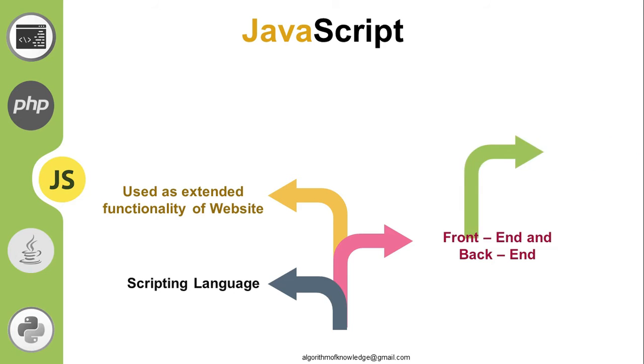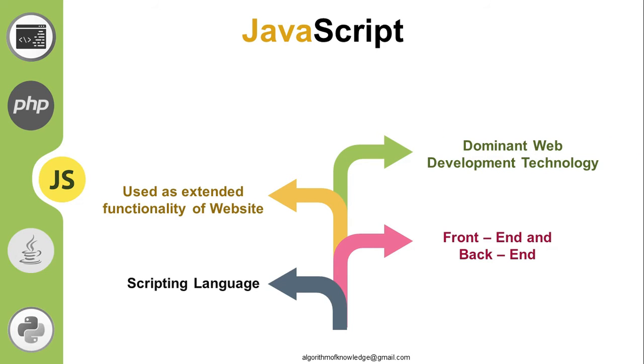It is a dominant web development technology with unique features. To understand JavaScript in a better way, just think about the certain web features you are using every day and are likely to take for granted. Like when you use your Facebook, your FB timeline automatically updates on your screen.